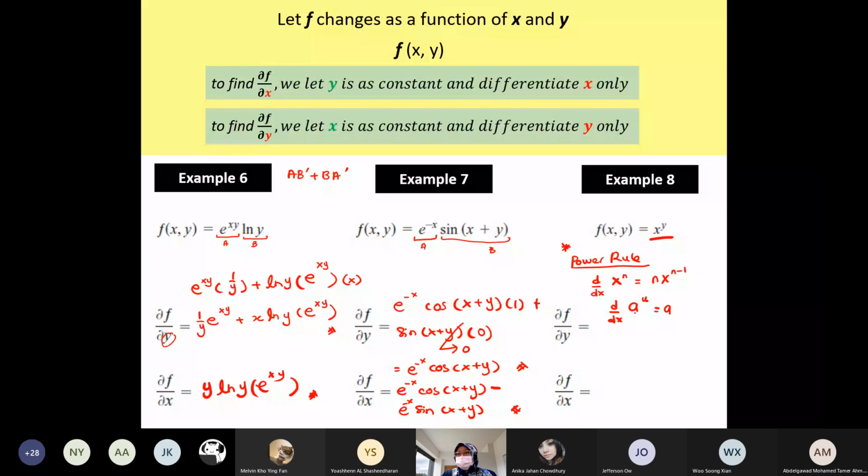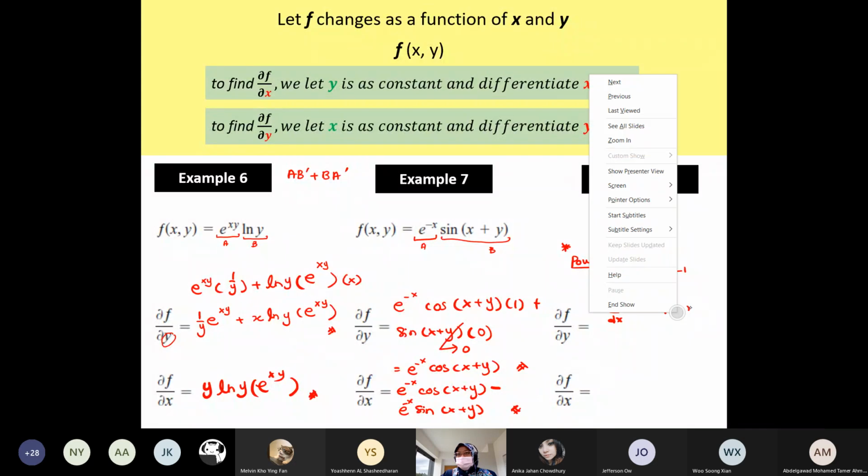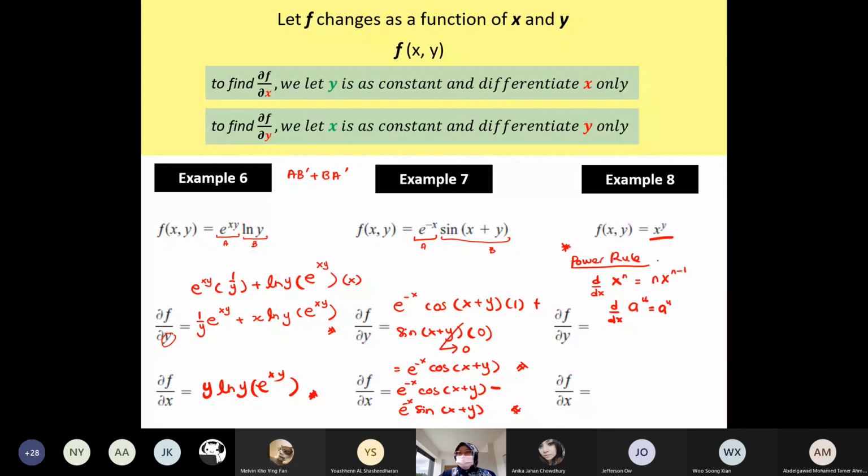Okay, so let's say you have a to the power of u, so a^u ln a du over dx.